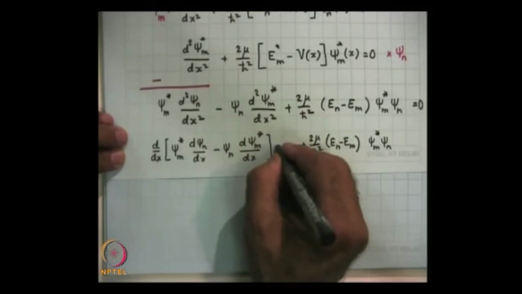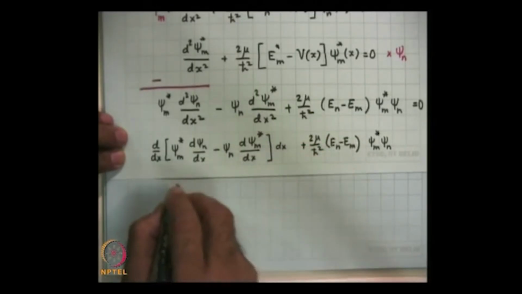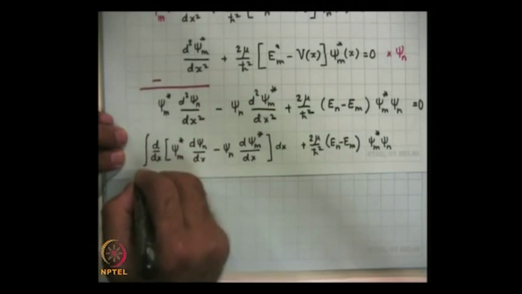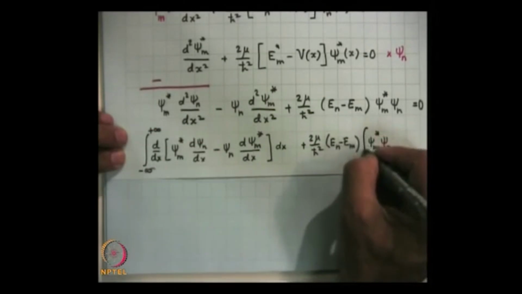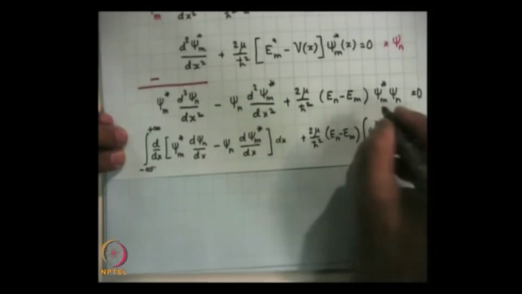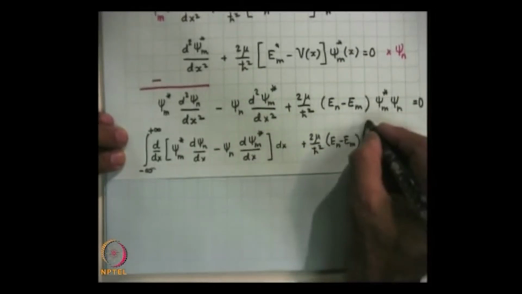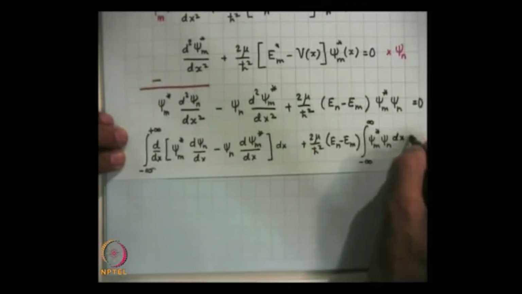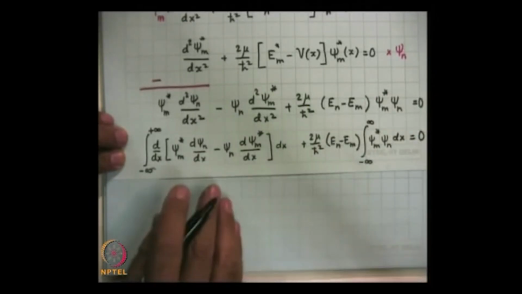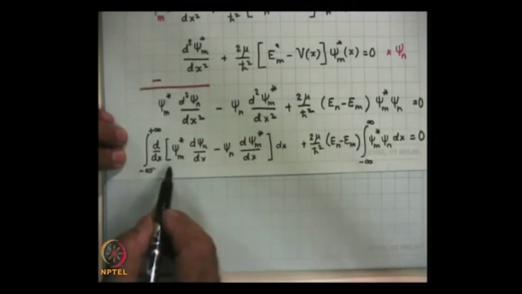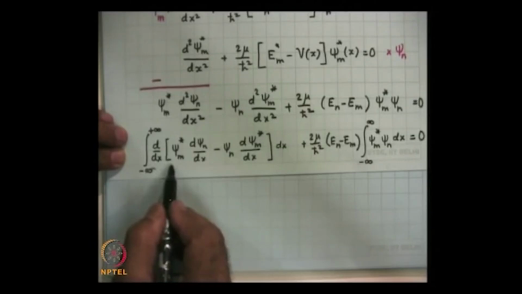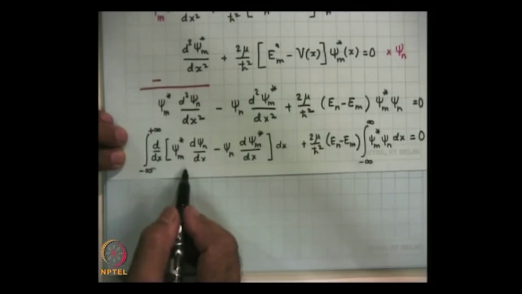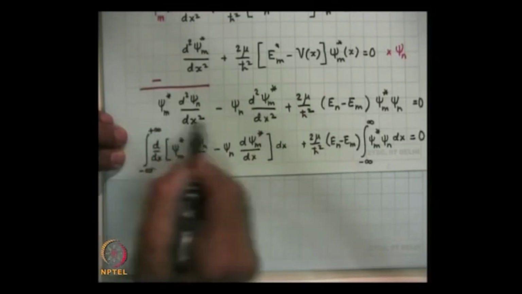I now multiply by dx and integrate from minus infinity to plus infinity, and this is equal to 0. I had done this in my last slide: if you expand this out, there will be 4 terms, 2 of them will cancel out and the remaining 2 terms will be this.